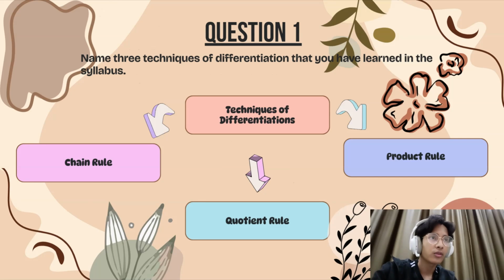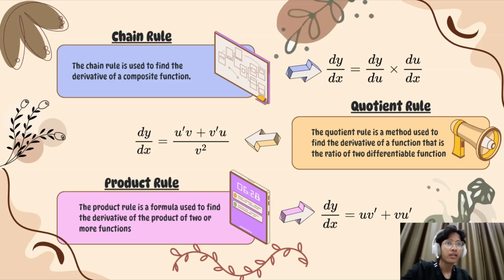Moving to another part of question 1, the question asks us to name 3 techniques of differentiation that you have learned in the syllabus. In my syllabus, I've learned 3 different techniques of differentiation. The first one is the chain rule, the second one is the quotient rule, and the third one is the product rule. Let's go into a bit more detail about the rules.